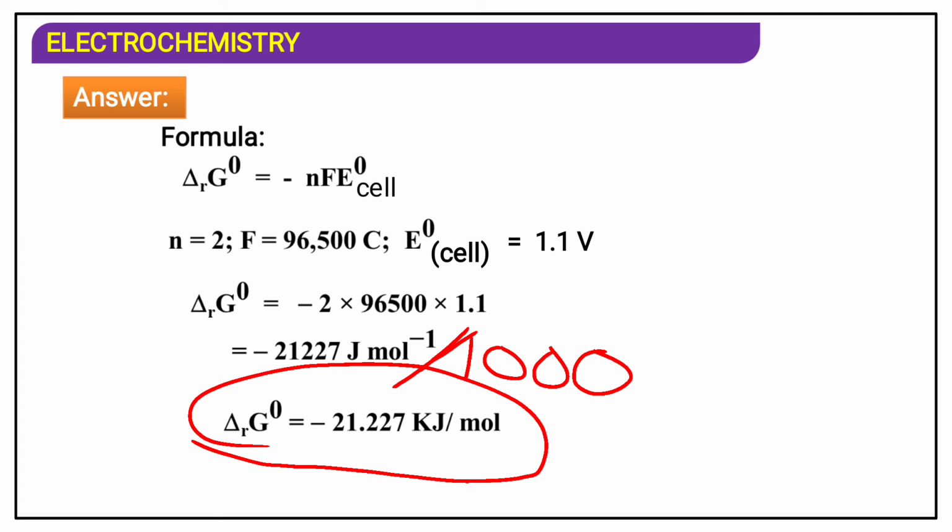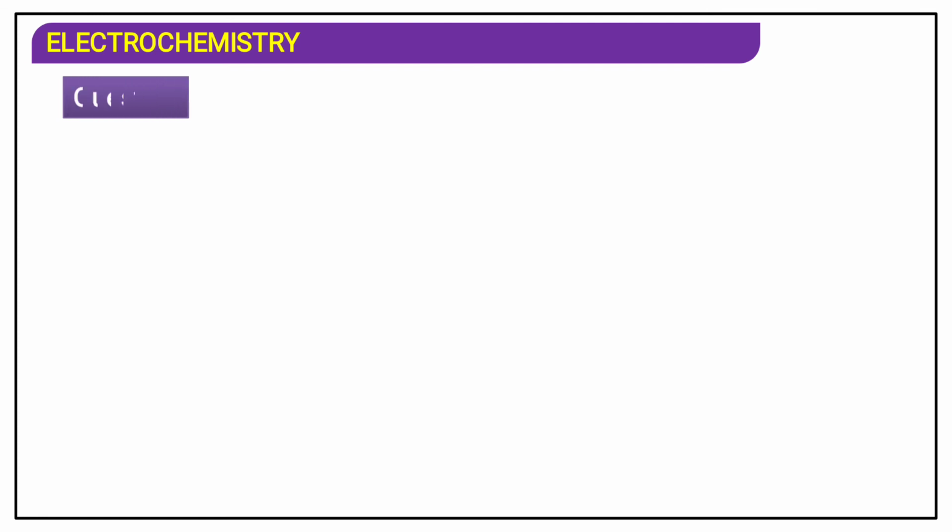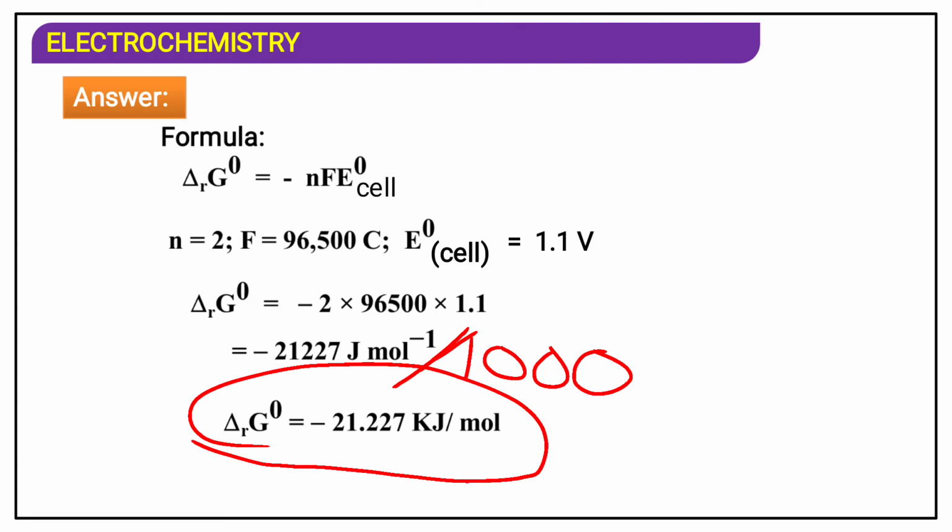In the PU examination, you can report your answer either in joules or in kilojoules, there is no issue. But in a competitive examination, you have to go with what the options give. Here the option is given in kilojoules.